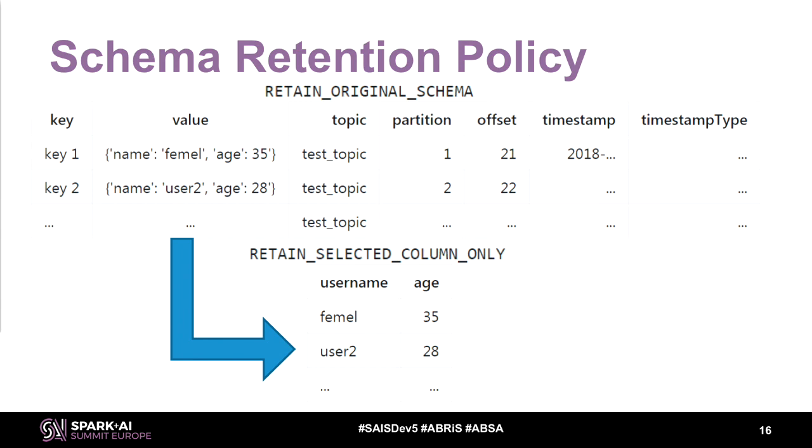So in this example, we basically have a data set of Kafka messages, which are fundamentally key value pairs with some meta information like topic, partition, offset, and so on. So the values contain Avro records, which if we retain the original schema, just become Spark structs inside that column, or if we are only interested in that column, we can just pull that out to the top of the data frame.